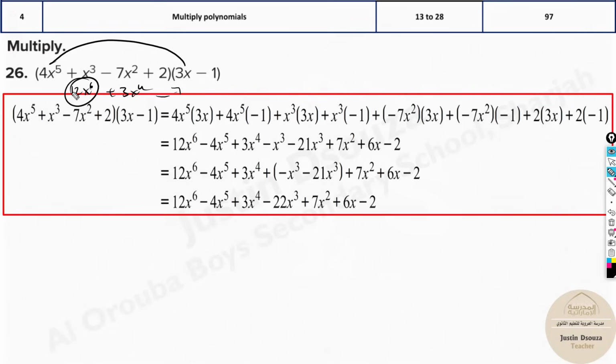No matter what, you will have only a unique solution, because even if you multiply this, you will not get x to the power 6 elsewhere. So this must be in the solution. This is how you can easily eliminate other options. There might be only two options with 12x power 6. So you can eliminate some options and narrow it down, and then you can use the calculator method if you want, or you can do it directly like this.